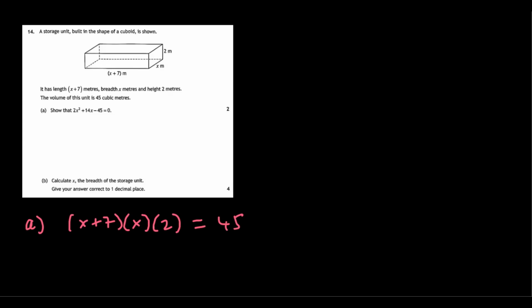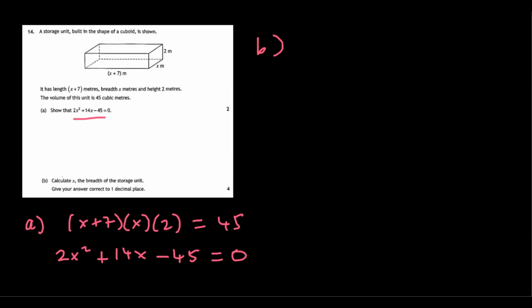Now this expands to give, so 2x times x, that's 2x squared. And then 2x times 7 is 14x. And then equals 45, so we can just move the 45 over, and that would be minus 45 equals 0. So we've shown that this equation is true.